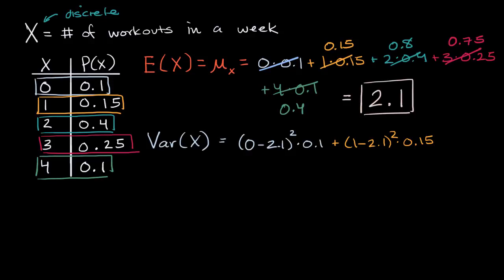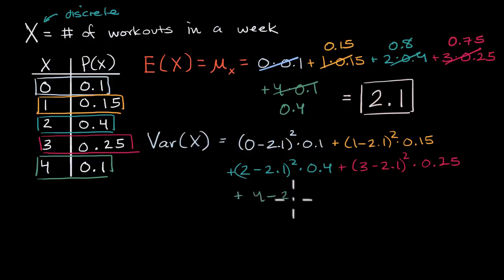Then you're going to get plus 2 minus 2.1 squared times the probability that you get a 2, times 0.4. Then you have plus 3 minus 2.1 squared times 0.25. And then last but not least, you have plus 4 minus 2.1 squared times 0.1.